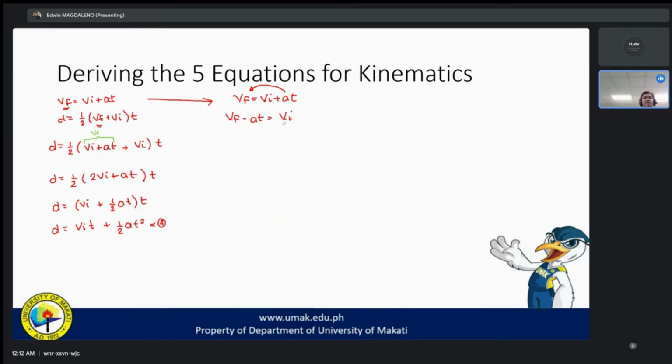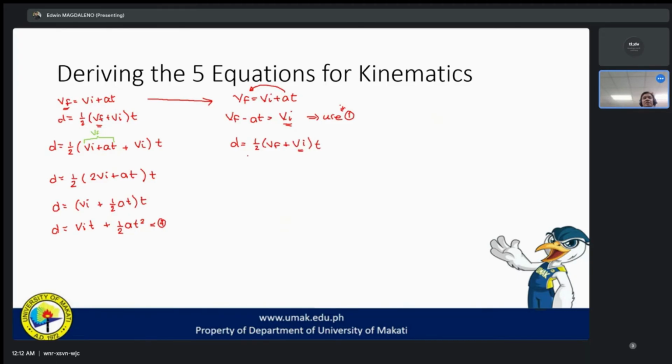So using Vi in equation number 1, we have displacement is equal to 1 half Vf plus Vi times time.